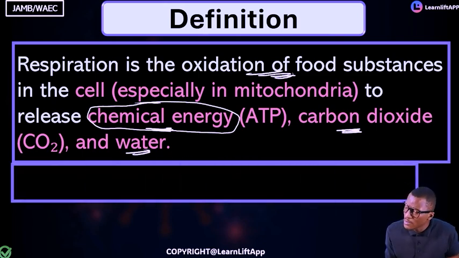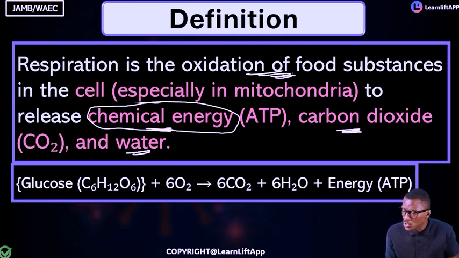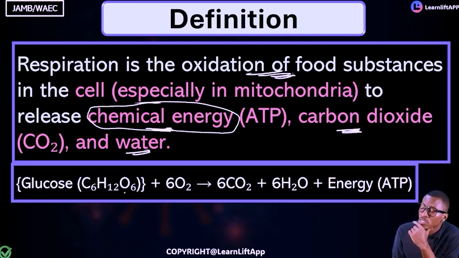This is the chemical equation. You can see this is glucose, C6H12O6, combining with oxygen. Are you seeing that? That's how we said it is the oxidation of food. This is oxygen, this is food. So the oxidation of food to release, well, this is CO2, this is water, and what? Energy.